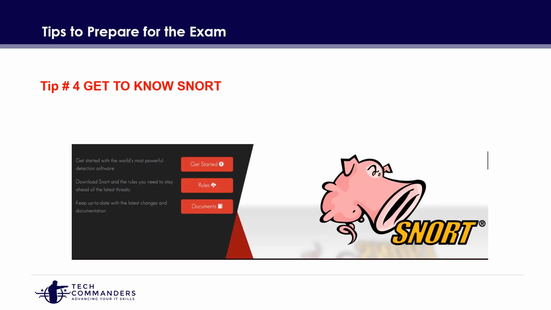All right, now as far as tools, the first tool we want to talk about is SNORT. The fourth tip is to learn SNORT, to understand what SNORT is, how it works. SNORT is a packet sniffer that monitors network traffic.